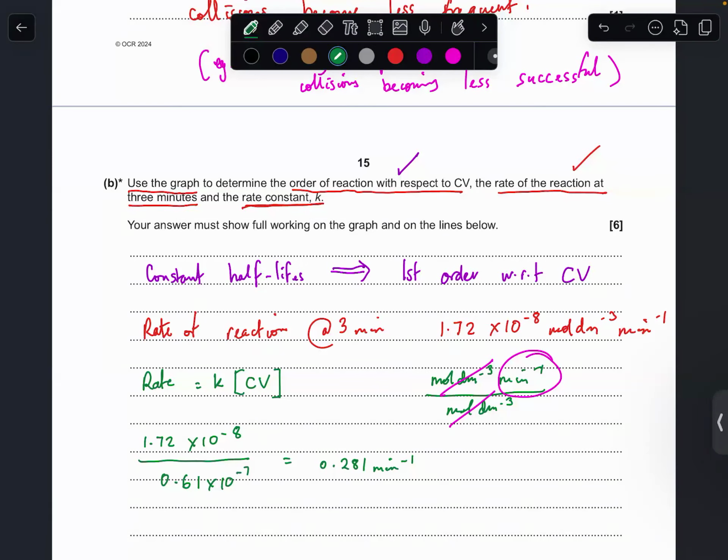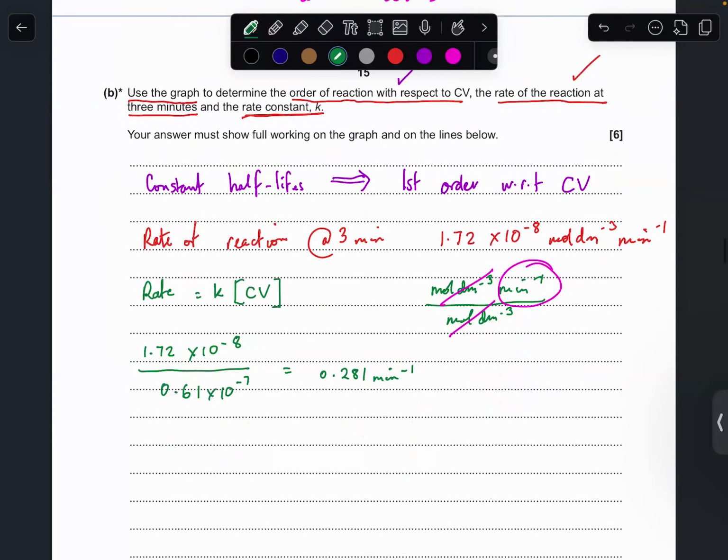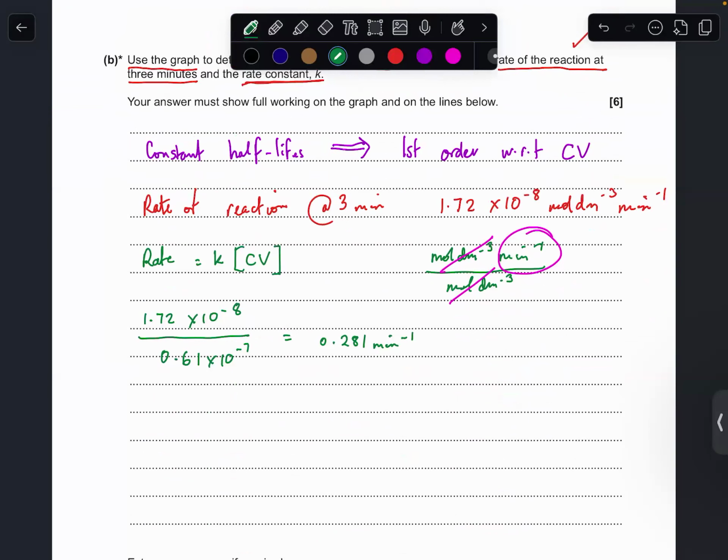Now, this is something that you don't get asked often in past exam paper questions, but it does creep up every now and then. There's an alternative way to work out the rate constant using half-lives. How do you do that? Let's use pink.